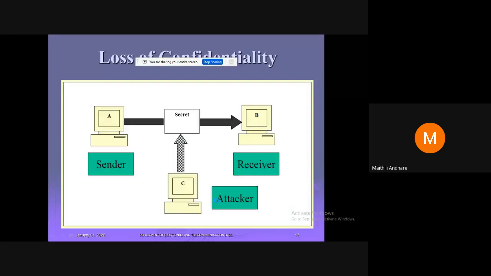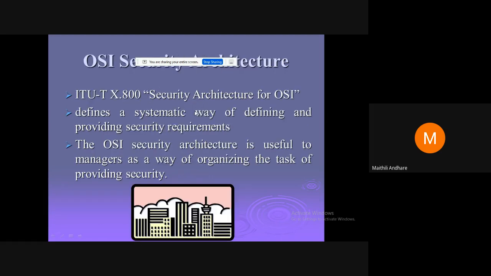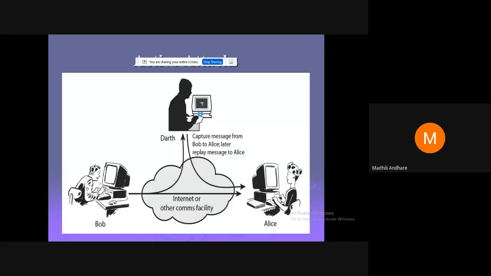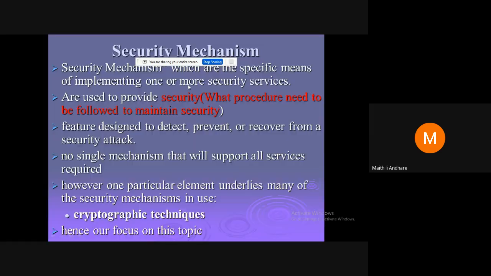See, in the last lecture, we have taken the overview of security attacks, then the security services. We have started with the security mechanism. So all of you know the basic difference between these three tasks. Security services and mechanisms are somewhat related, and security attacks everyone knows.